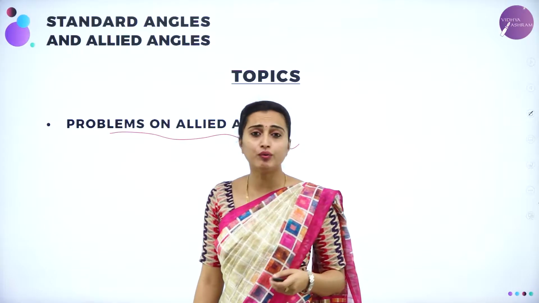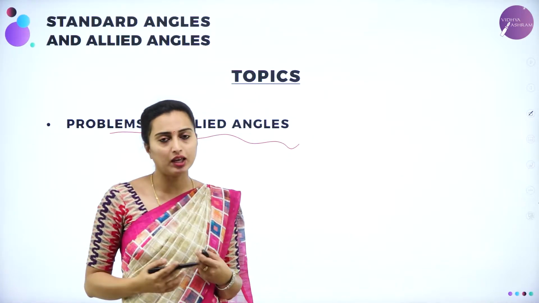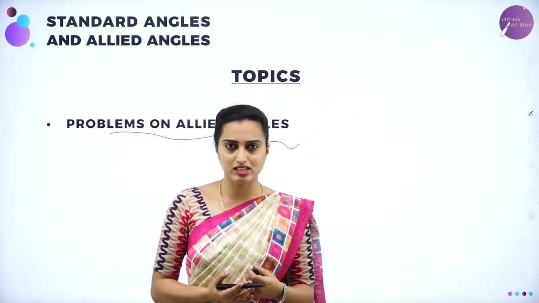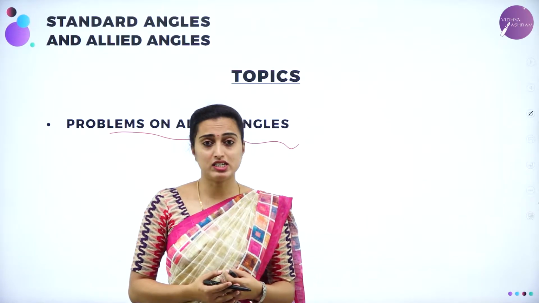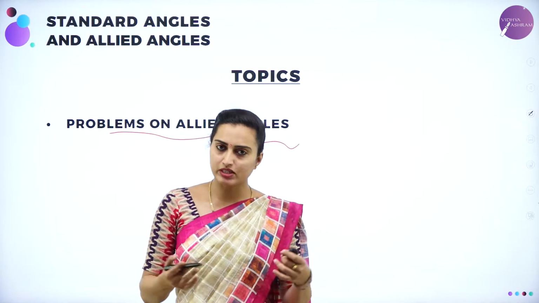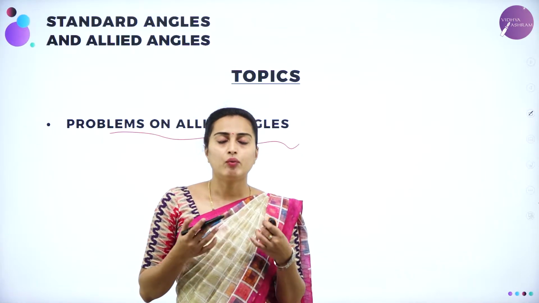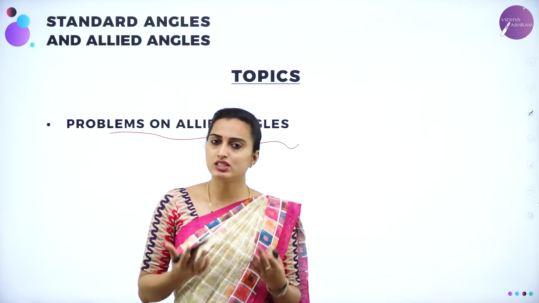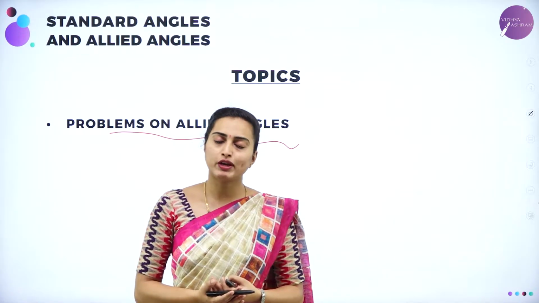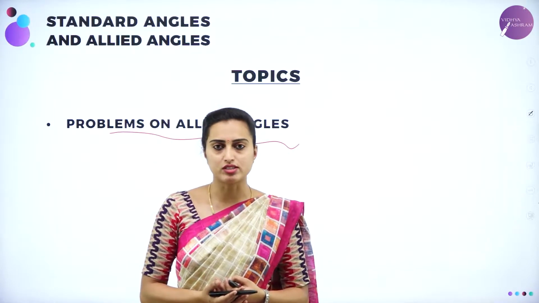So you have to know what do you mean by the allied angles, which is nothing but sine of minus theta, cos of minus theta, tan of minus theta, and sine of 90 plus or minus theta, and similarly cos of 90 plus or minus theta, and 180 plus or minus theta, 360 plus or minus theta, 270 plus or minus theta, respective to the trigonometric functions.